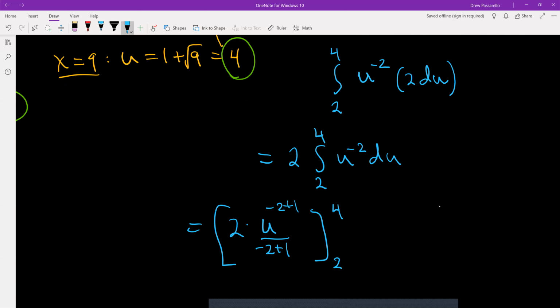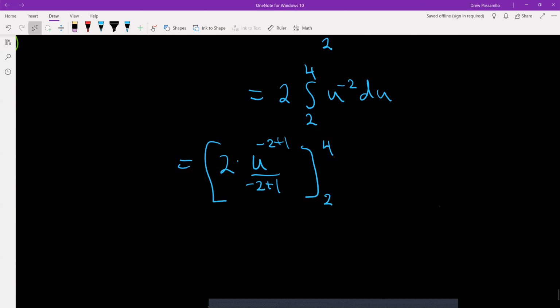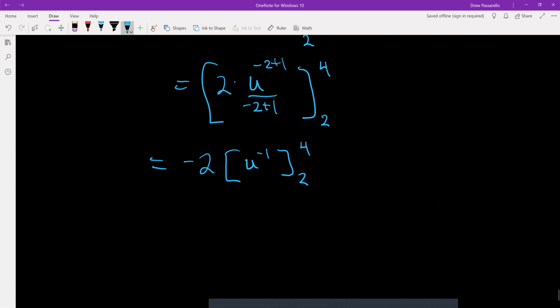So I have 2 divided by negative 1, which is negative 2, so I'm going to factor out the negative 2 in front, and then u to the negative 1, and then 2 to 4. We know u to the negative 1 is the same thing as 1 over u. This is negative 2 times 1 over u, and then 2 to 4.